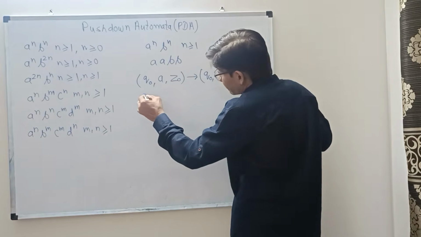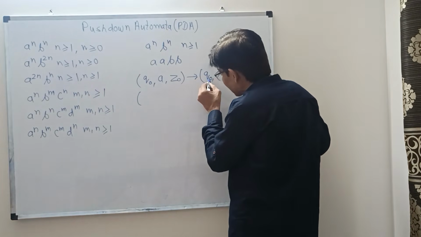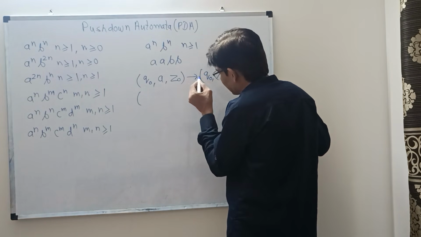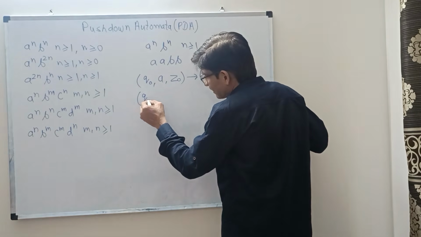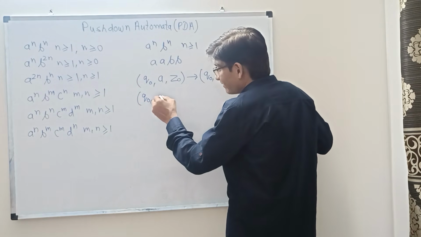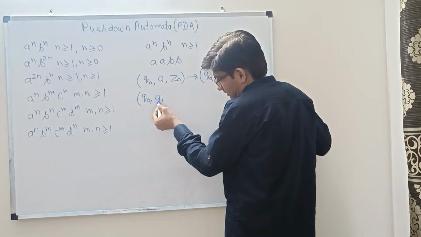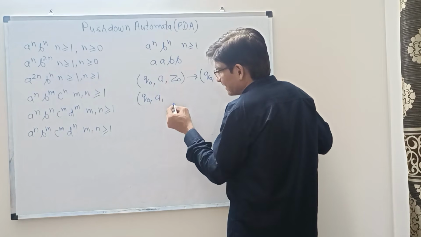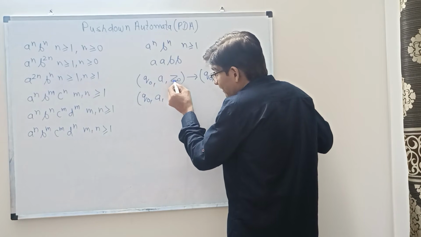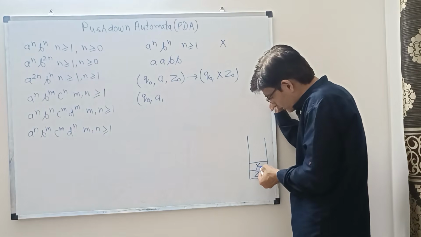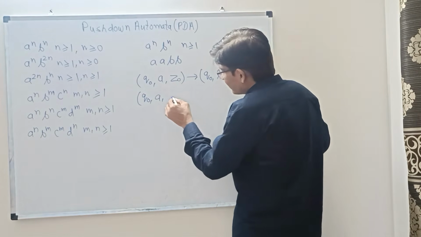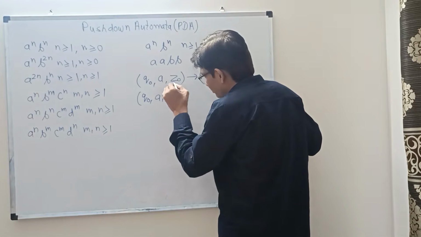Then we are staying again in Q0. In Q0 we will read a again, which you can consider as the second a. Then in place of Z0, now the stack top is X. So we will consider this transition also.